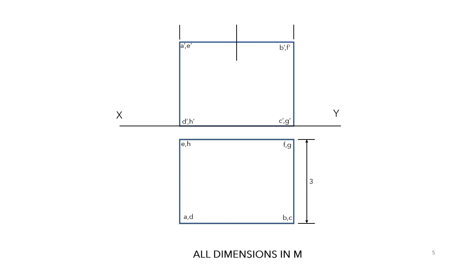Next we'll mark the fan center in the front view. So we mark the center line. Then we take 0.75 meter from the top line and mark P dash. So P dash is the center of the fan from the front view.